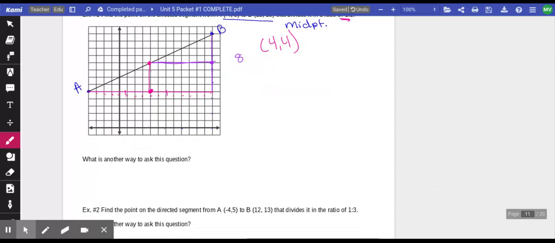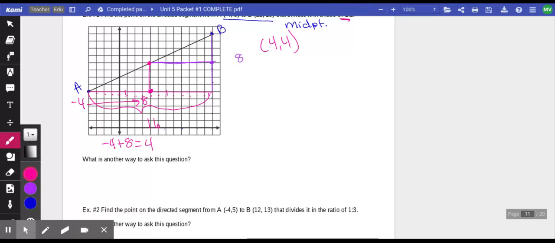Now, another way to do it is to think that this is 16, so halfway is 8. If I'm going from -4 over 8, I'm really just adding it to get 4. And then since vertically it's 8, half of that is up 4. I'm sorry, this isn't 4, 4.